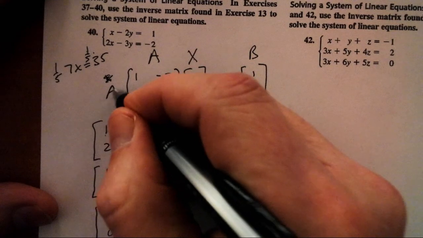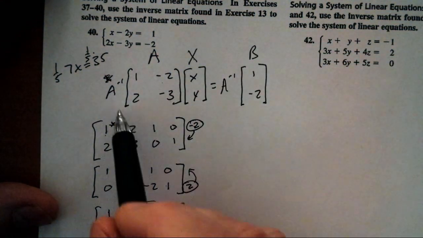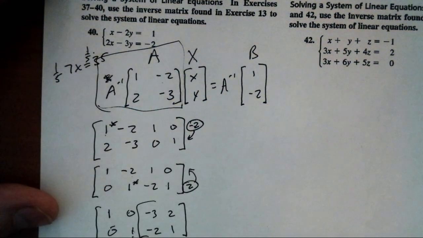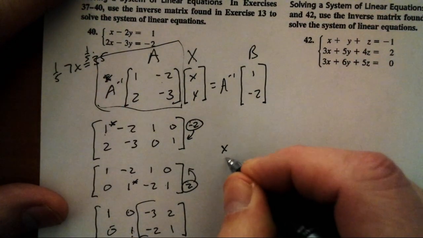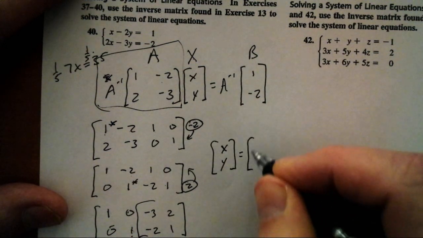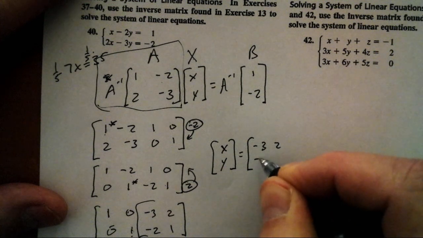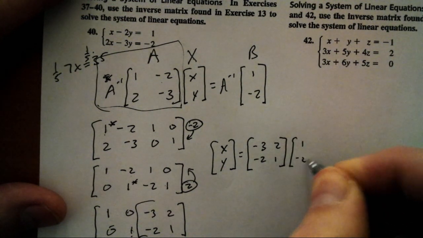Well, here I can multiply this side by A inverse, this side by A inverse. This A inverse cancels A. That's what inverses do. So I end up getting x, y equals A inverse, negative 3, 2, negative 2, 1 times 1, negative 2.